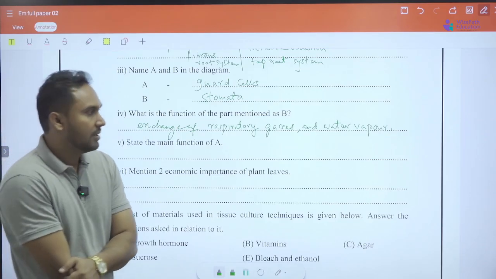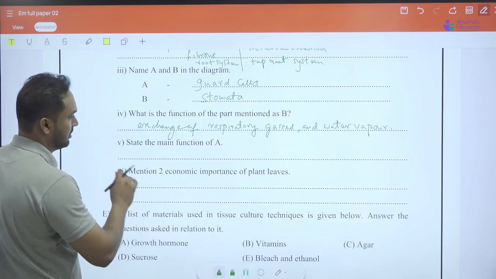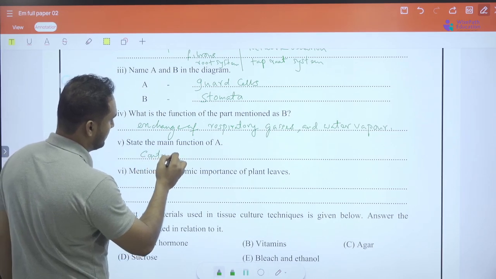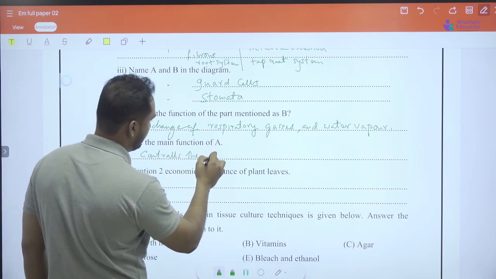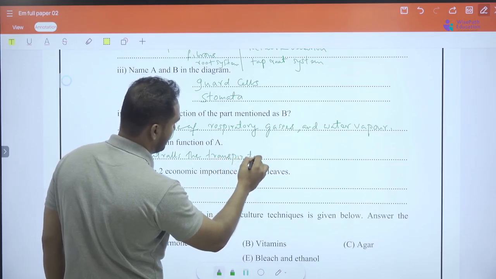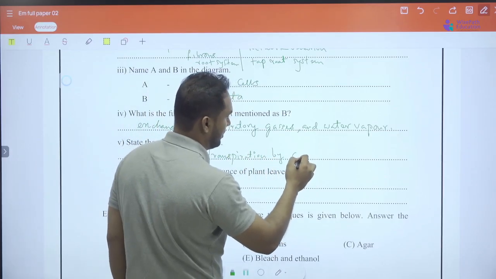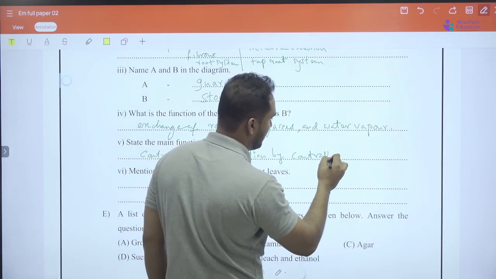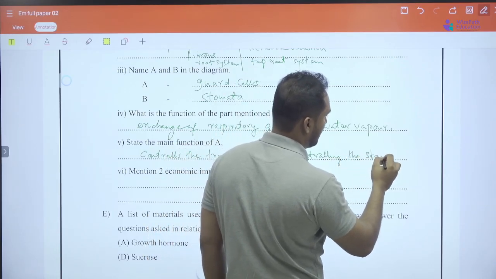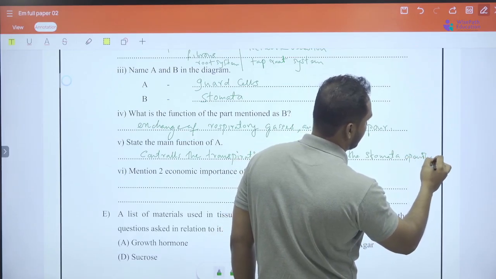Controls the transpiration by closing the stomata opening.